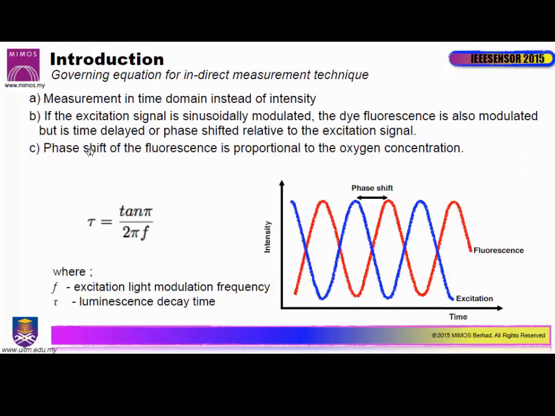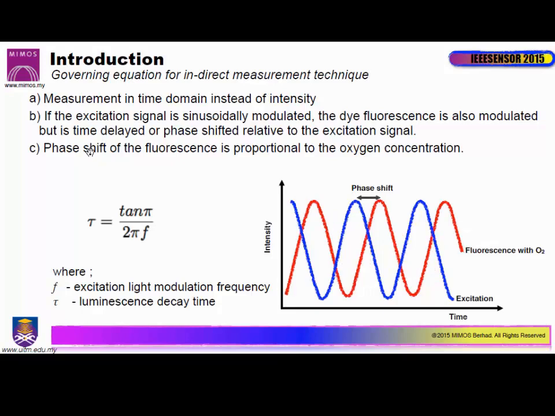Another approach is to use phase fluorometry, which relates the phase changes between the excitation signal, which is the energy that we provide to the sensor, and the emission signal that is returned by the sensor.